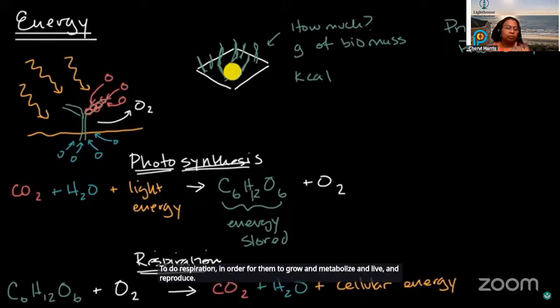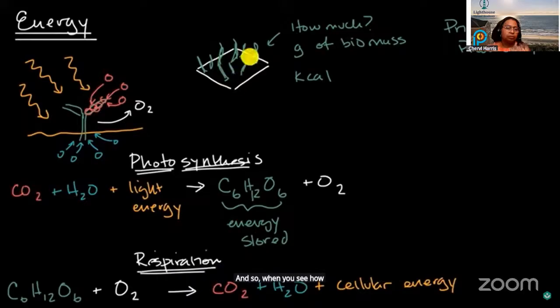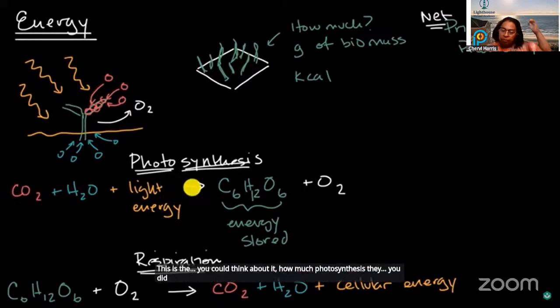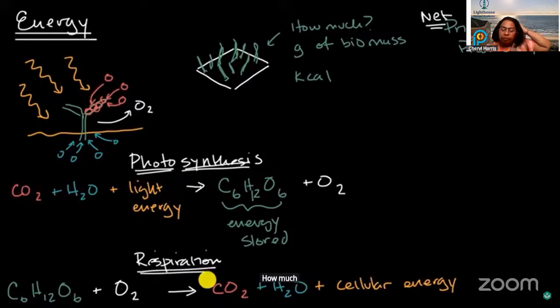And so when you see how much has been produced in a given area in a given year, you're actually seeing the net primary productivity. You could think about it as how much photosynthesis they did minus how much respiration they did.